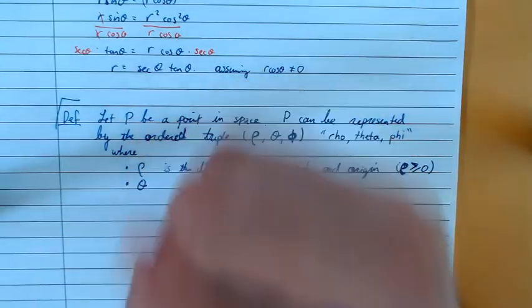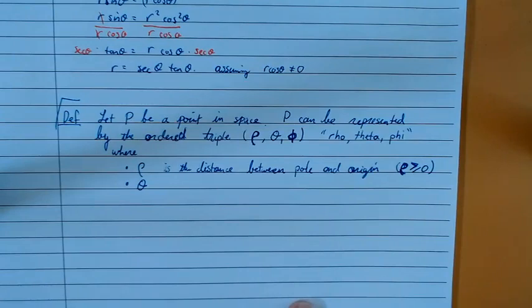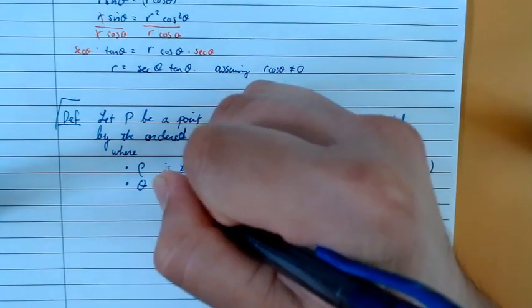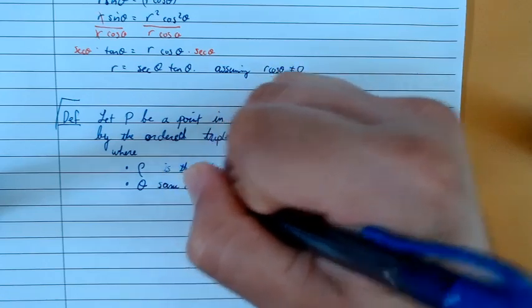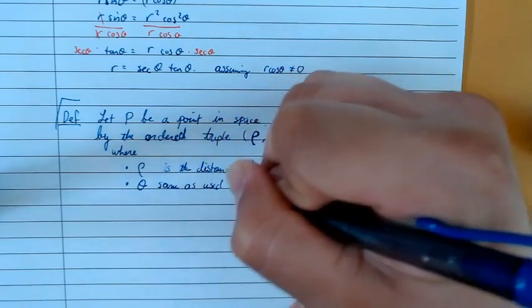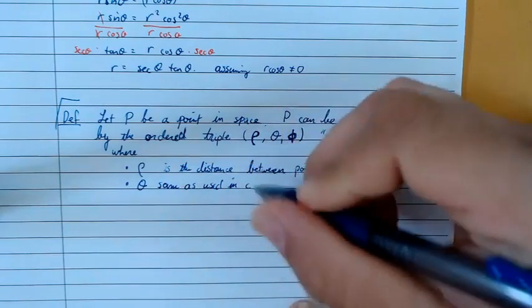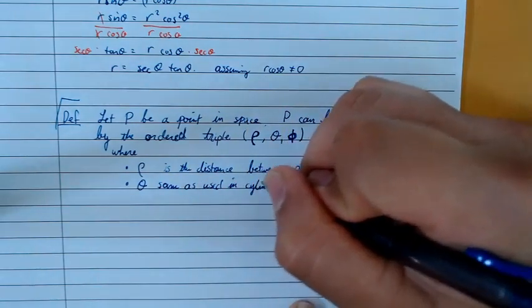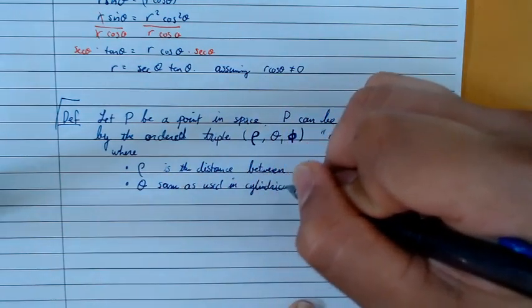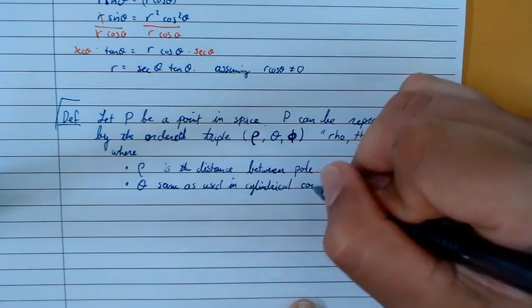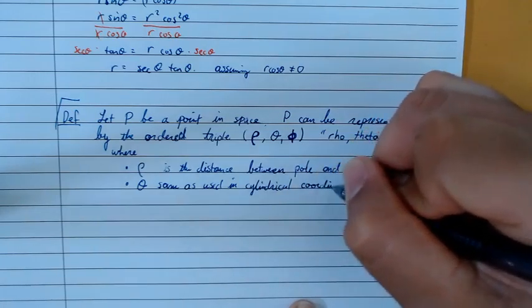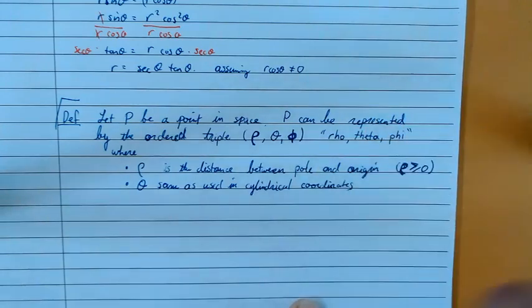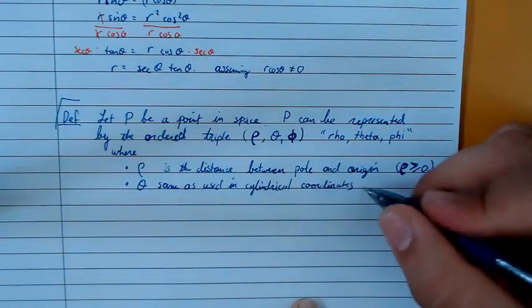Theta, that's going to be the same as the one used in cylindrical coordinates, for r greater than or equal to 0.